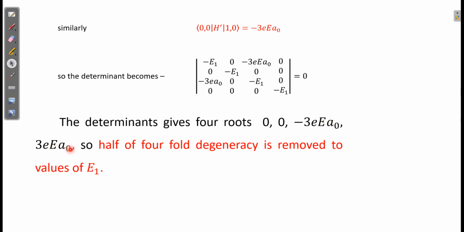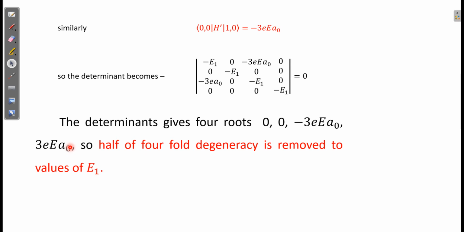These two values 0 indicate the 4 energy values are not all different. Two values are the same, but 2 values are different. In the starting, you had taken 4 wave functions, but all 4 have the same energy.